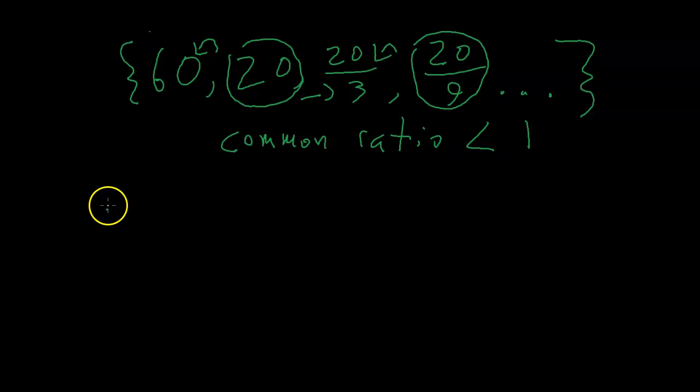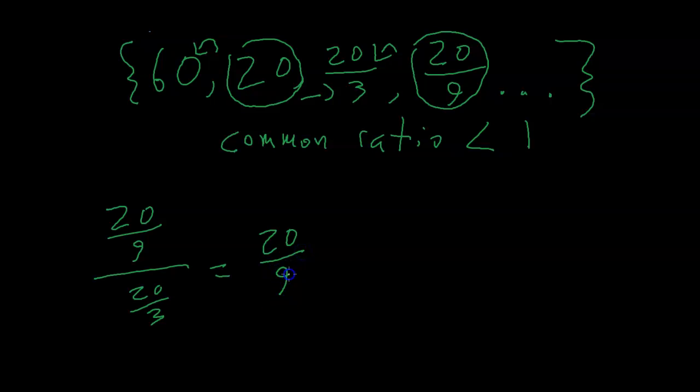Okay, we want to take the fourth term, 20 over 9, and divide it by our third term, 20 over 3. Here's when we have to remember how to divide by fractions. You keep the first fraction, the one in the numerator of the larger fraction.